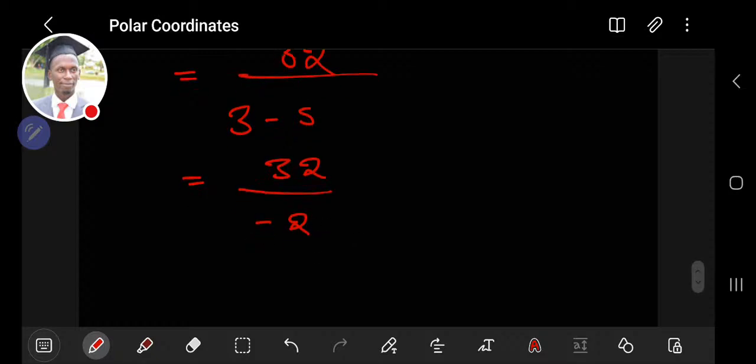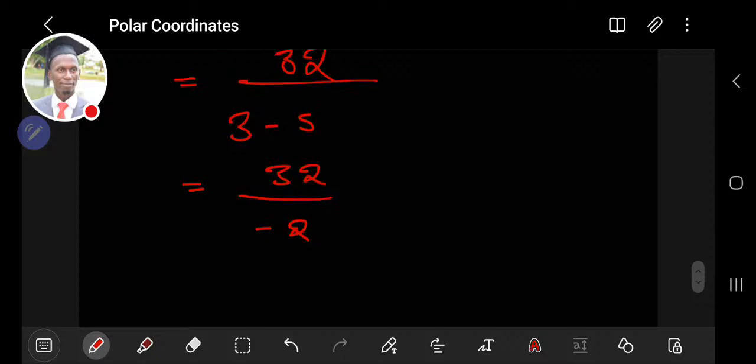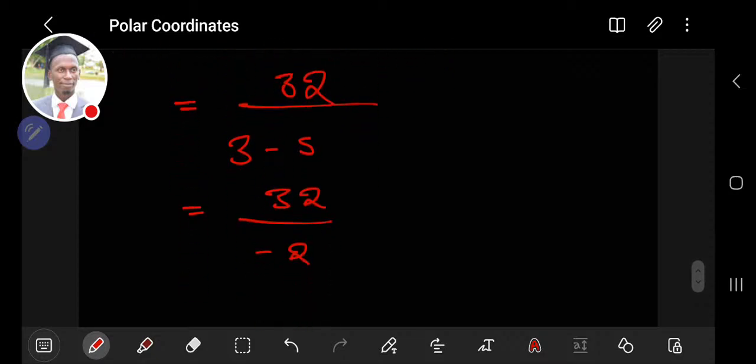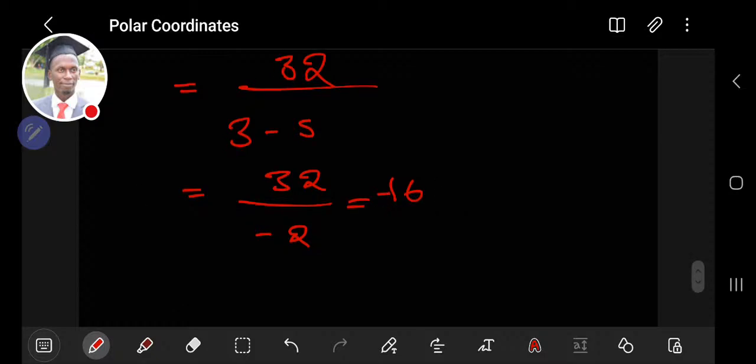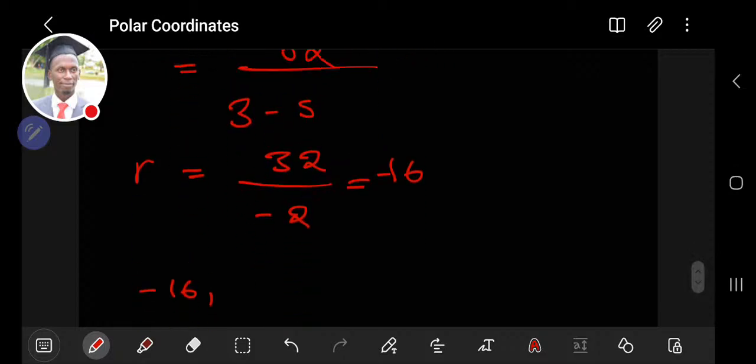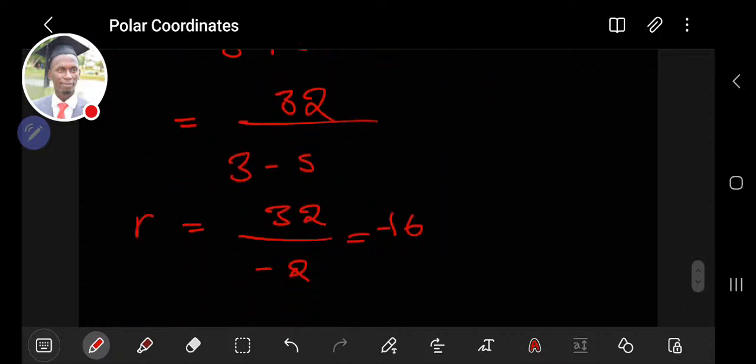So in the end, that's a -2. This ends up giving us -16 as our r. So for this point, we find it at -16, comma, I had the angle in radians, that's 3 over 2 pi.